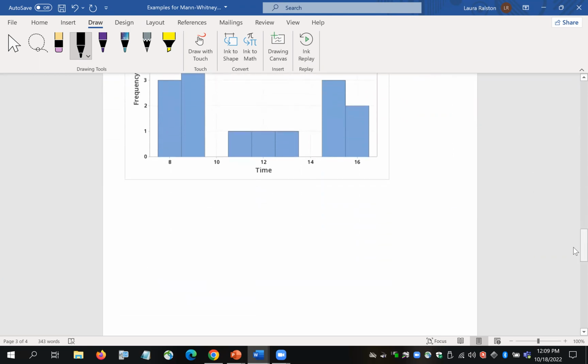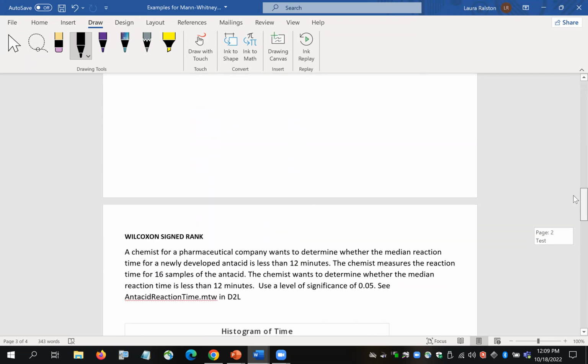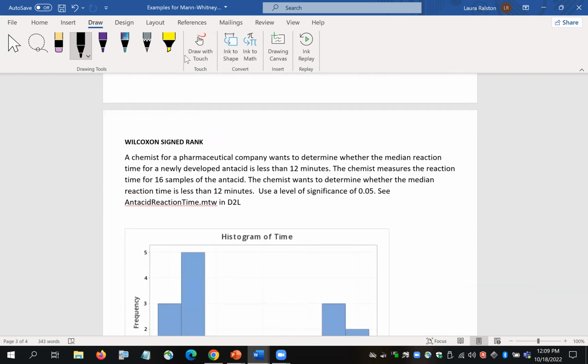So we begin the hypothesis test like we do any hypothesis test. We state the hypotheses. I got 6 minutes, so maybe I can do this in 6 minutes. So we have our null and our alternative. Now, if I go back and read the problem, it says, determine whether the median reaction time is less than 12 minutes.